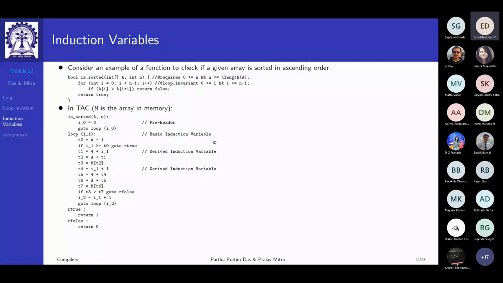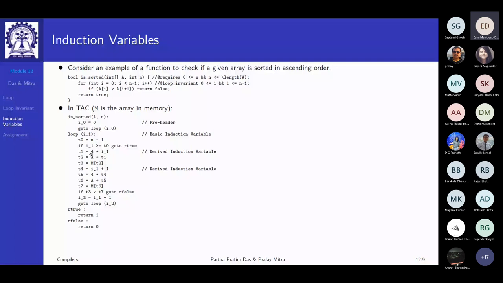T1 is 4 star I. So we observe that if I have a basic induction variable I, and if we have A star I plus B, where A is a loop invariant, B is a loop invariant, then that is a derived induction variable. Here, obviously, 4 is a constant, so it is a loop invariant. B is 0, it's a loop invariant, so this is a derived induction variable.